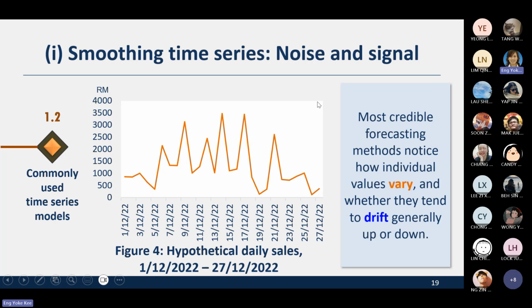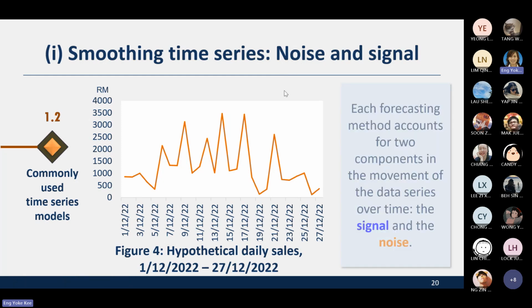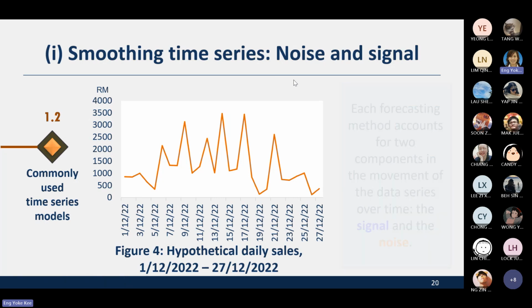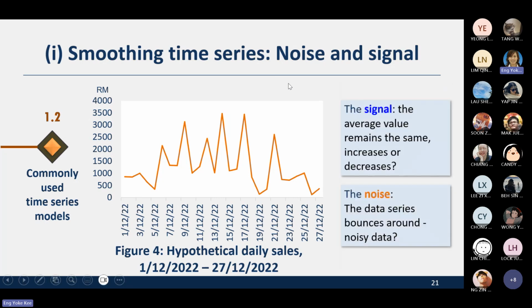Because of the noise, we can't see the signal clearly. So for the smoothing procedure, our ultimate goal is to reduce this noise in the data. Last week we looked at one very simple and commonly used procedure in removing the noise by smoothing the time series data.